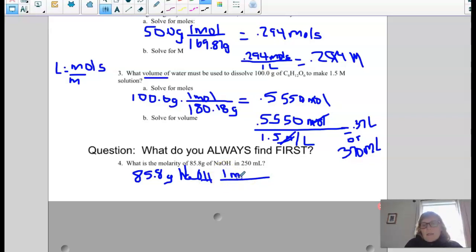The molar mass of sodium hydroxide, I believe, is around 40 grams. Let me check. 22.98 plus 16 plus 1.01, that'd be, yeah, 40. So it's divided by 40 grams.